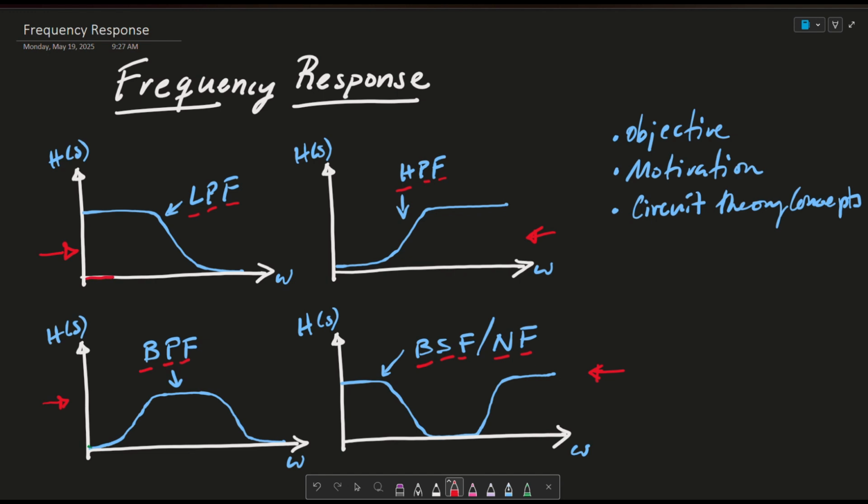As I increase my frequency, omega, remember omega is equal to 2 pi f, or 2 pi times regular frequency, in radians per second. As I increase omega, my low frequencies go through, but my high frequencies are attenuated. Again, we'll dive into specifically what that means.